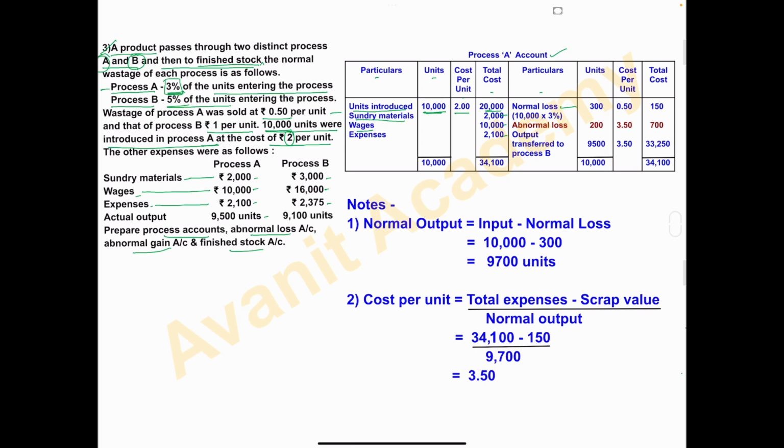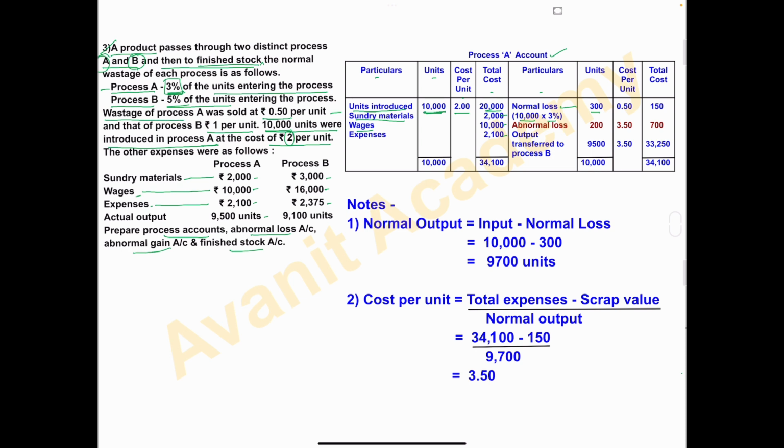That is 10,000 and the normal loss is 3%. Calculate it. 10,000 into 3%, you will get 300. So the normal loss or the normal wastage is 300 units. See this second para.